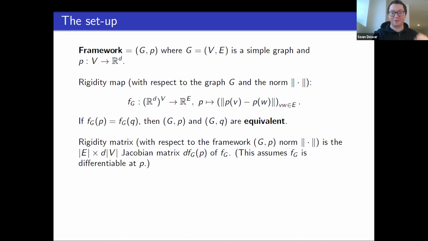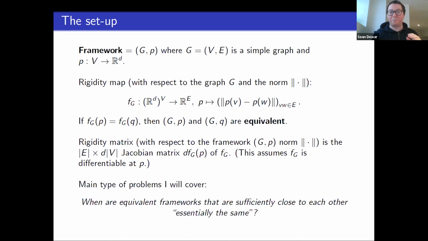Okay, so we've got this rigidity map and rigidity matrix. Now, what sort of problems are we going to be looking at? Because there's a lot of different ideas we can look at, but we're going to be focusing on local rigidity, nothing too complicated. So this is if you have two equivalent frameworks and they're sufficiently close, so the vertices don't differ by too much, when are they essentially the same?